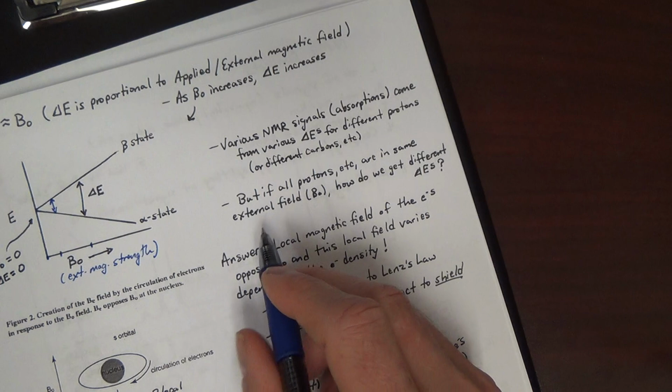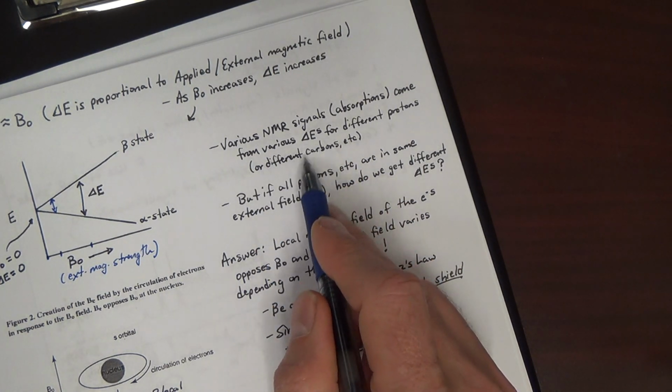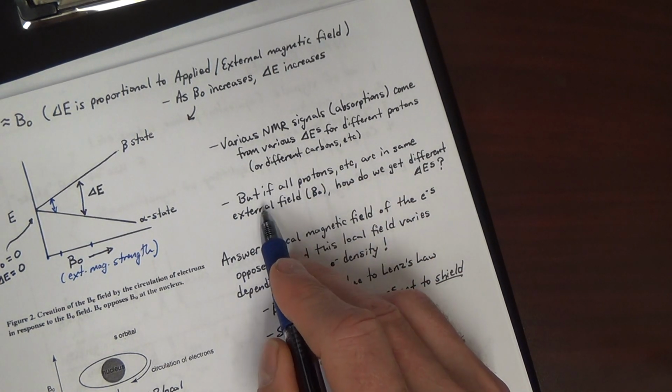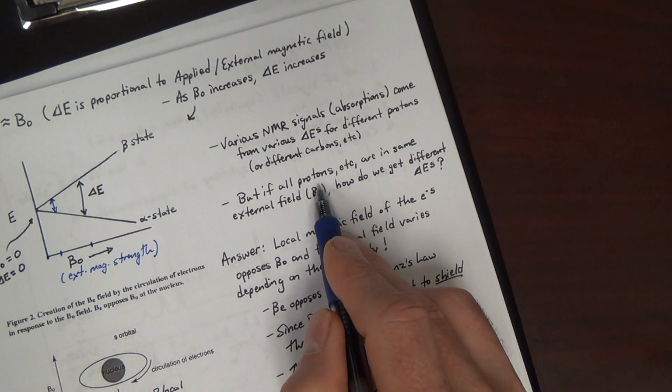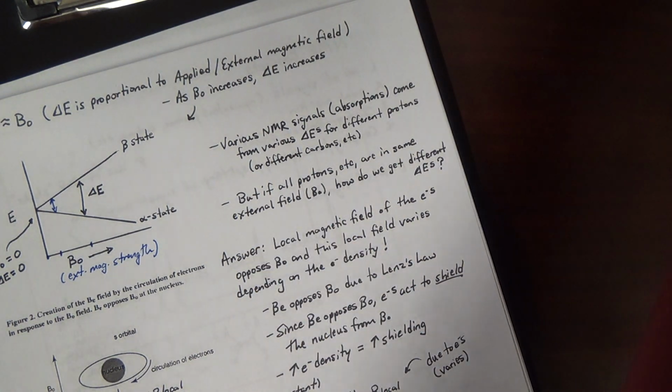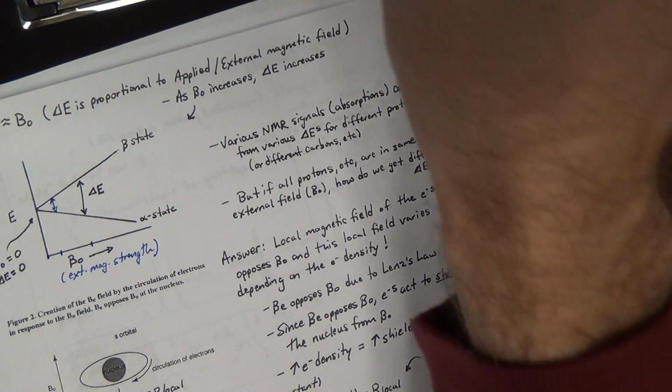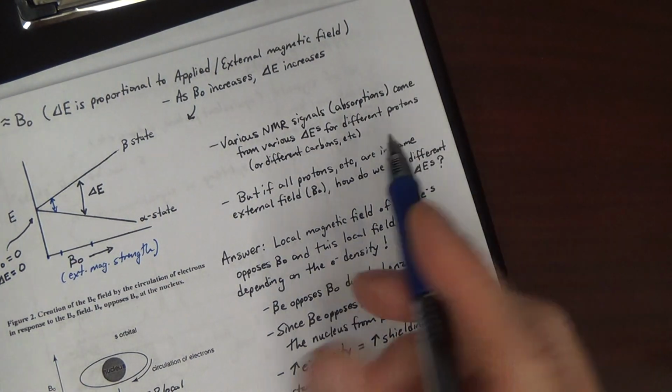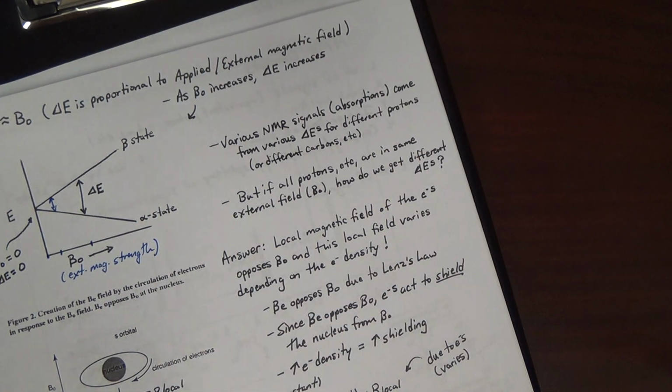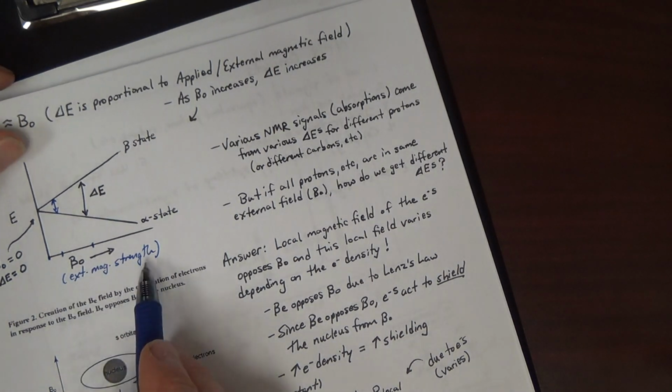But here's a dilemma at this point, something that doesn't quite make sense. All protons are in the same magnet. We take this and we put it in the same magnet. So shouldn't all protons be experiencing the same magnetic strength?